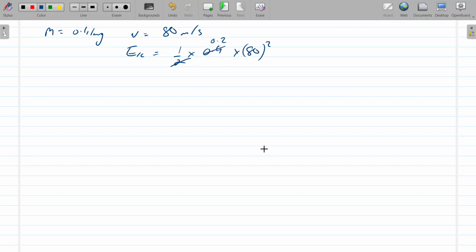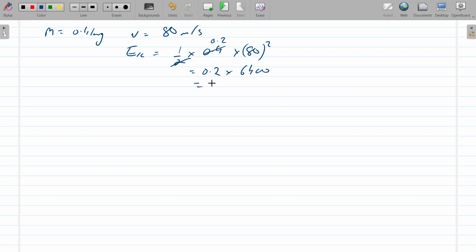And so what is 80 squared? 8 squared is 64, I believe. So that will give you 6400. Let me just check. And so that is 0.2 into 6400, and that will be 1280.